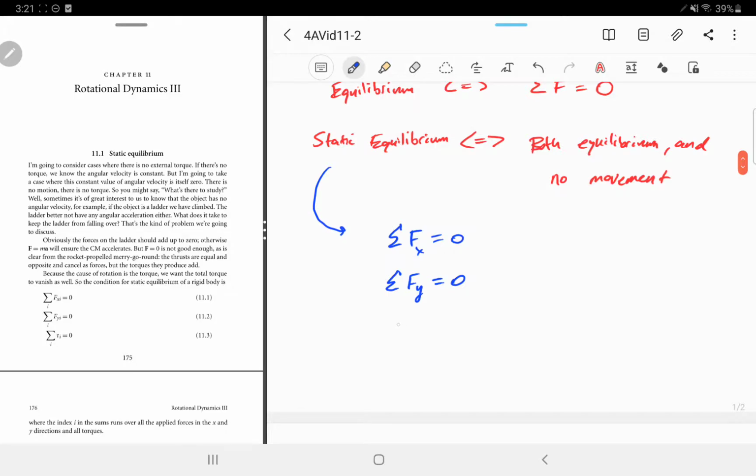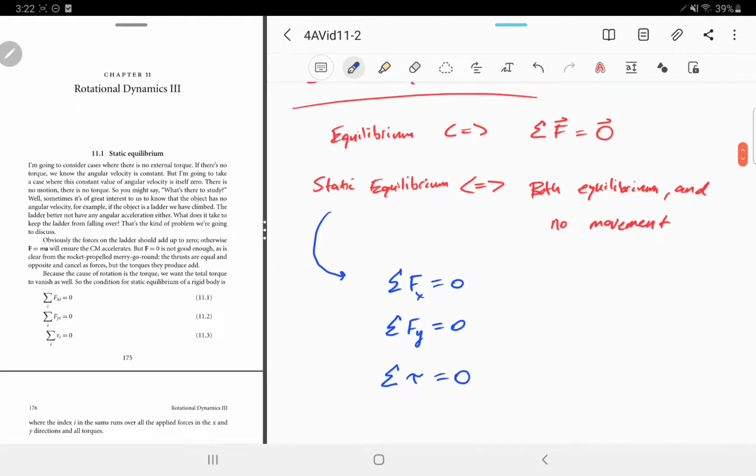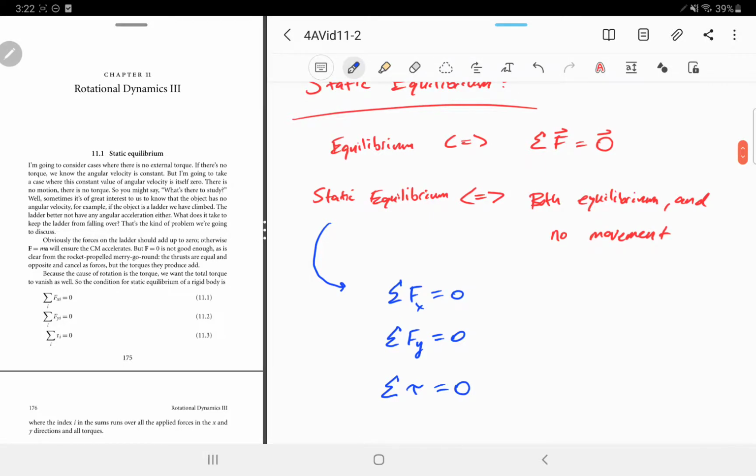But also what's new here, because there's no movement, is that there's no rotation, and the sum of the torques is zero. So these are the equations that we're going to play with for some problems today. We can use the set of 3 equations to solve for maybe 3 unknowns. So it's a little bit more than just F equals ma equals 0.